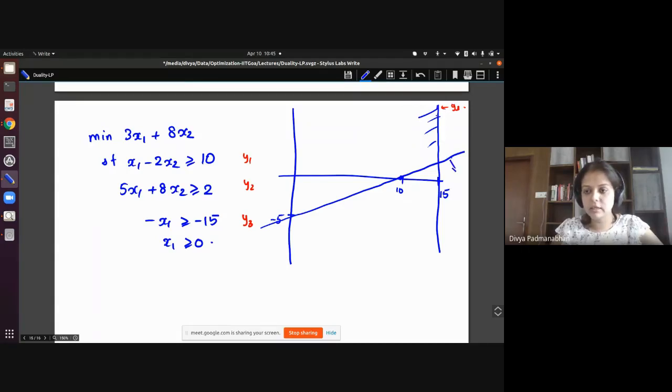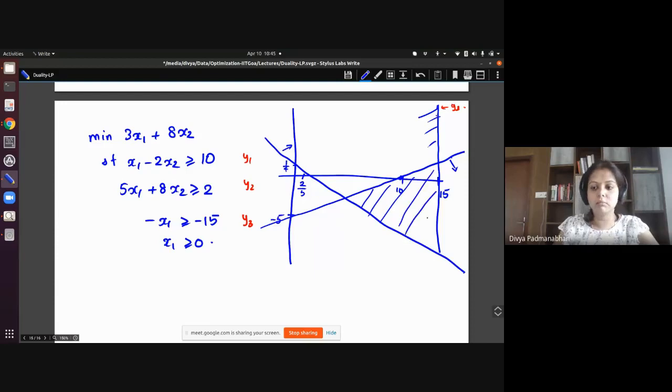And 5x1 plus 8x2 greater than or equal to 2. So here we had x1 is 2 by 5 and x2 is 1 by 4. Right? So something like this. And here also we were looking at this side. Right? So the feasible region was, this is what all of you did in the midterm. Okay, so this is the feasible region.